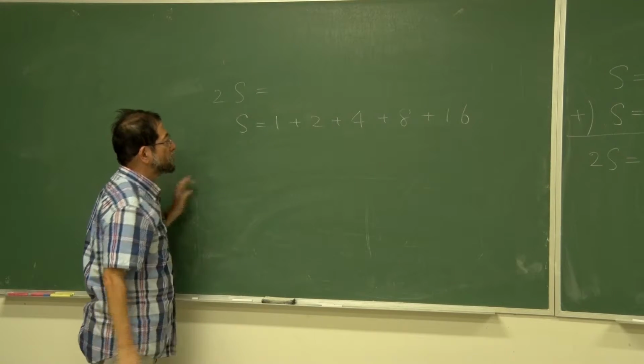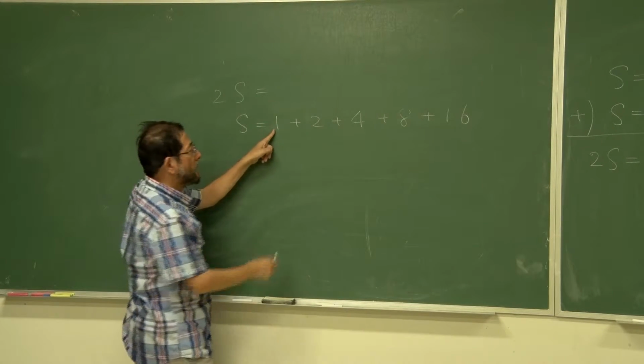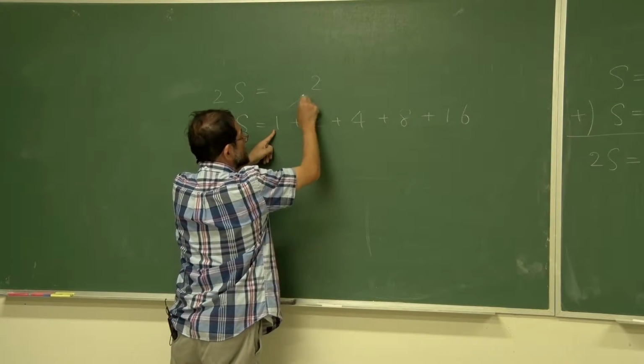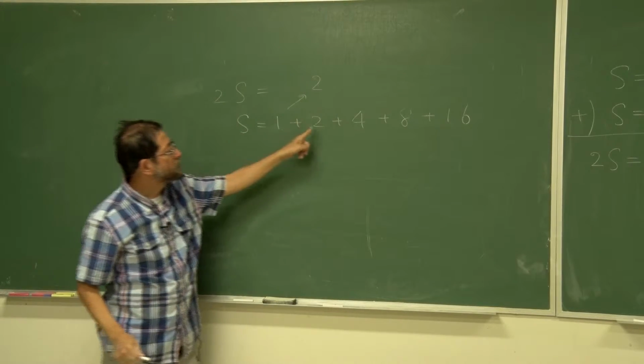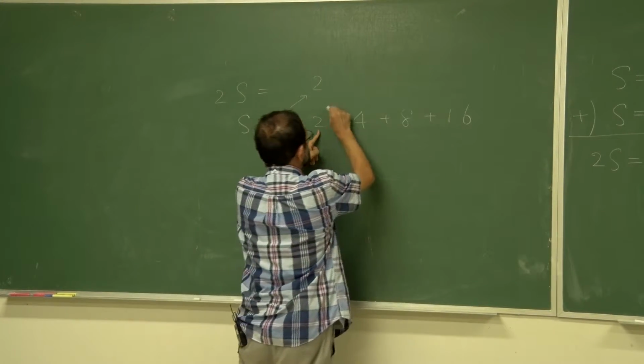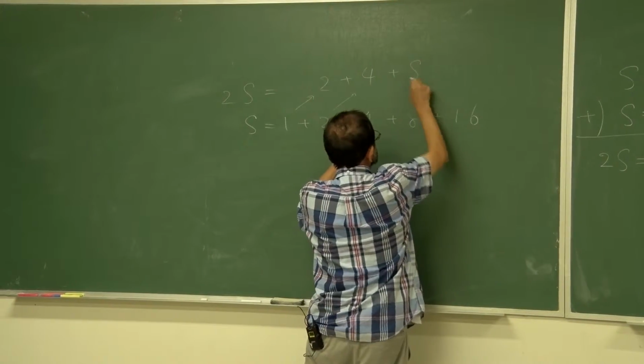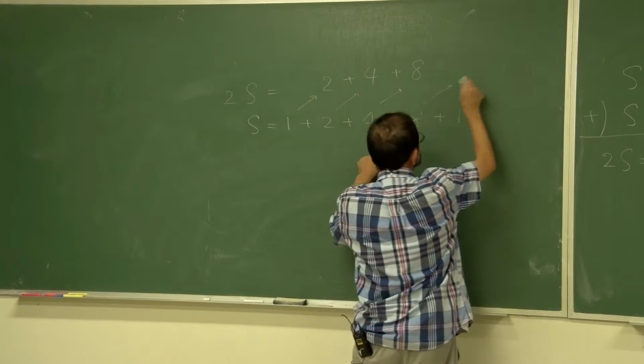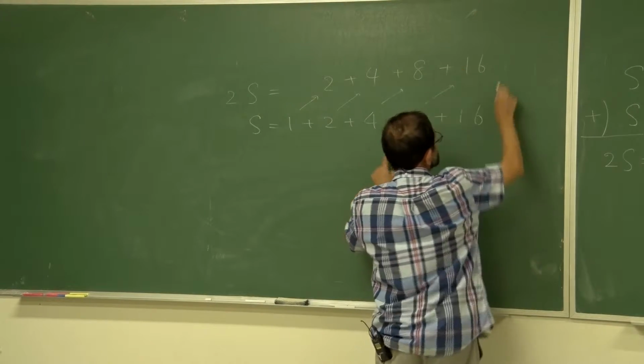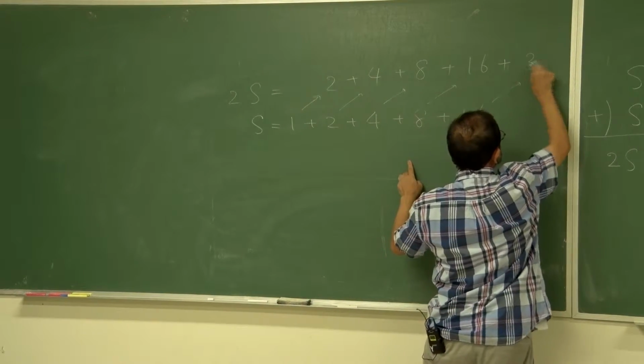So 1 times 2 is 2, I write it here. 2 times 2, which is 4, I write 4 here. Then 4 times 2 is 8. 8 times 2 is 16. 16 times 2 is 32.